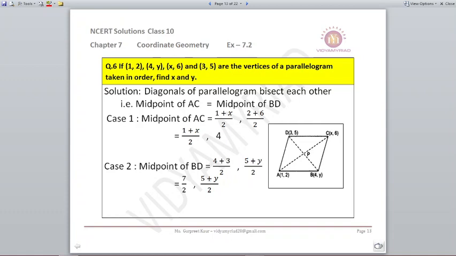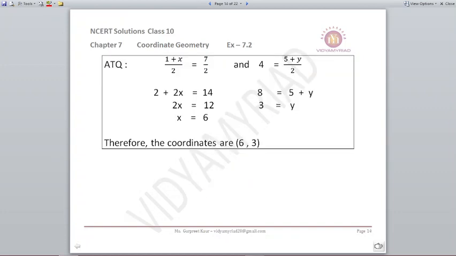So the midpoint of BD becomes (4 plus 3) upon 2 and (5 plus y) upon 2, which is 7 upon 2 and (5 plus y) upon 2. Now since they are equal points, x will be related with x and y will be related with y. So (1 plus x) upon 2 will be equal to 7 upon 2 because diagonals bisect each other, and 4 is equal to (5 plus y) upon 2. On solving we get x as 6 and y as 3. So the coordinates are 6, 3.